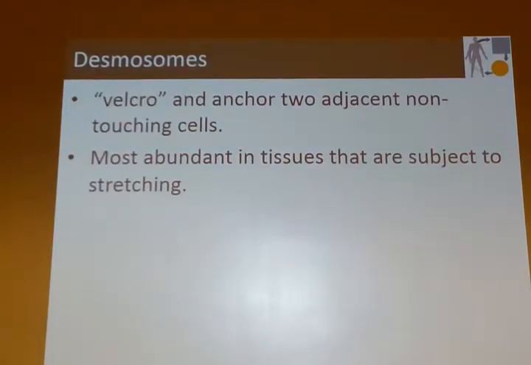They're the most abundant intracellular attachment in the body. So if in doubt, you're asked about what cell adhesion molecule it is, I guess in lab, say desmosome, because it probably is what they're talking about.